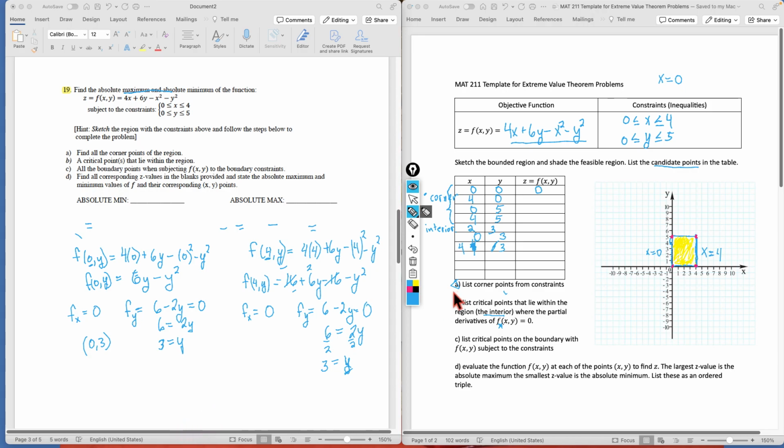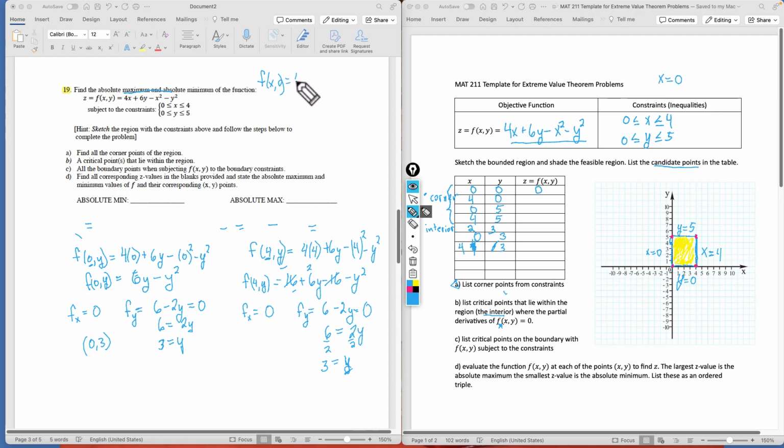Okay, and then now I do the same thing with the y values. Y could be 0, so this horizontal line down here is y equals 0. This horizontal line up here is y equals 5. So we plug those in and we do the same thing. So maybe I'll do that up here. So I'm going to plug in f(x, 0), plugging in 0 for y.